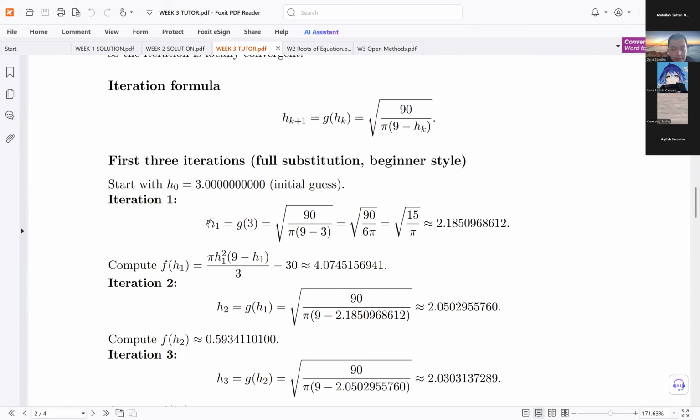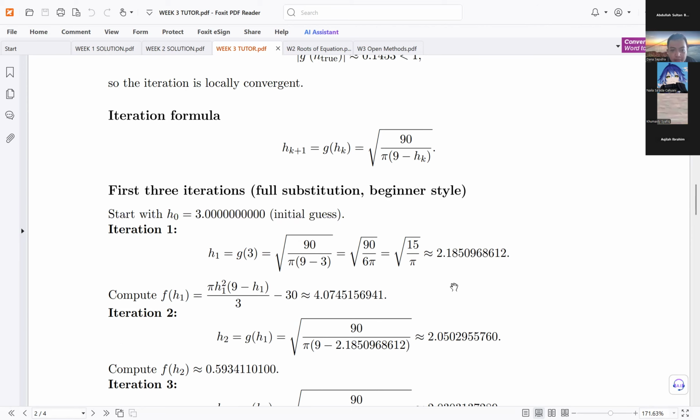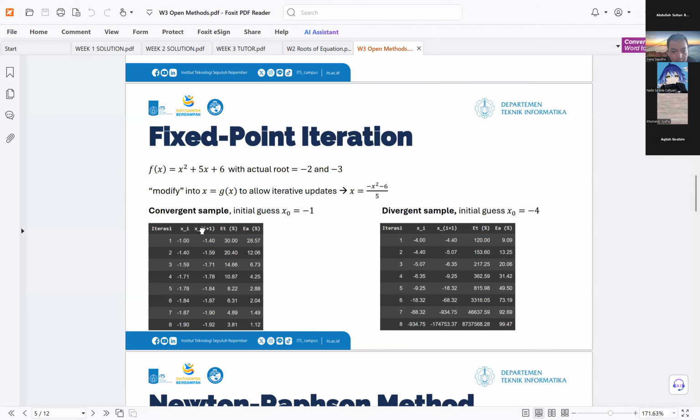And for the iterations, the first one starts with 3 as the initial guess, and we get an approximate value of 2.18.